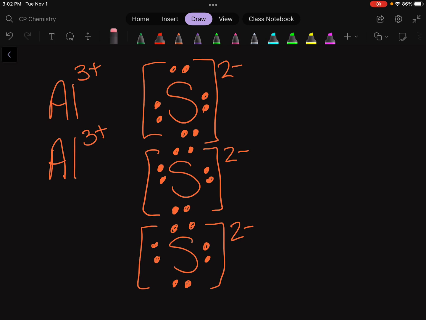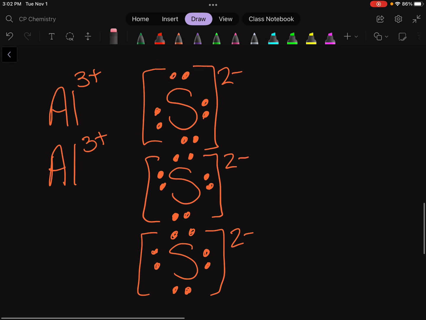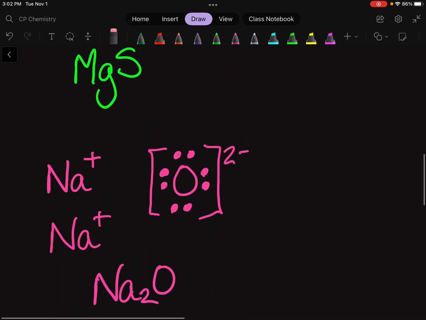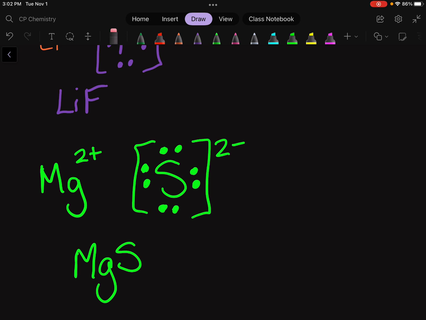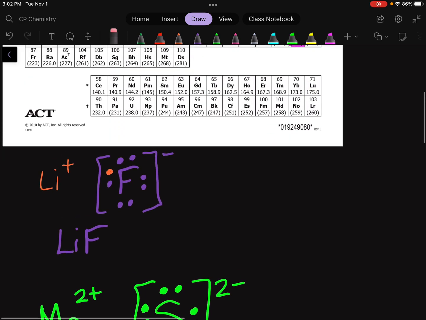So in order for this actual compound to form, you would have to have 2 aluminums bond with 3 sulfurs, but a lot of them will bond at the same time. For sodium and oxygen, you'd have to have 2 sodium atoms and 1 oxygen atom. And for magnesium and sulfur, 1 of each, and lithium and fluorine, 1 of each.